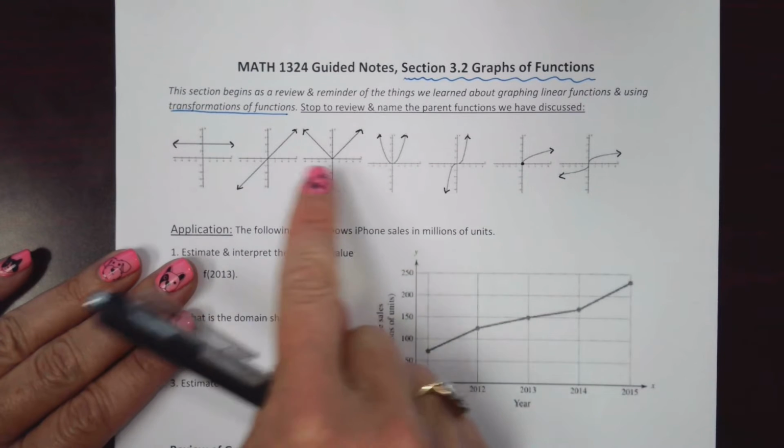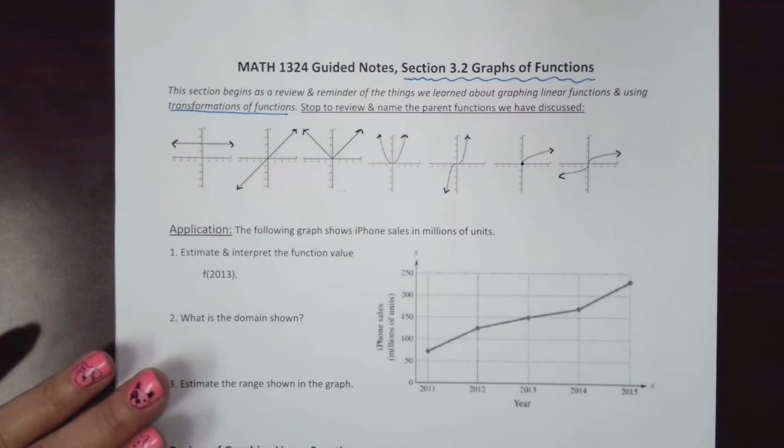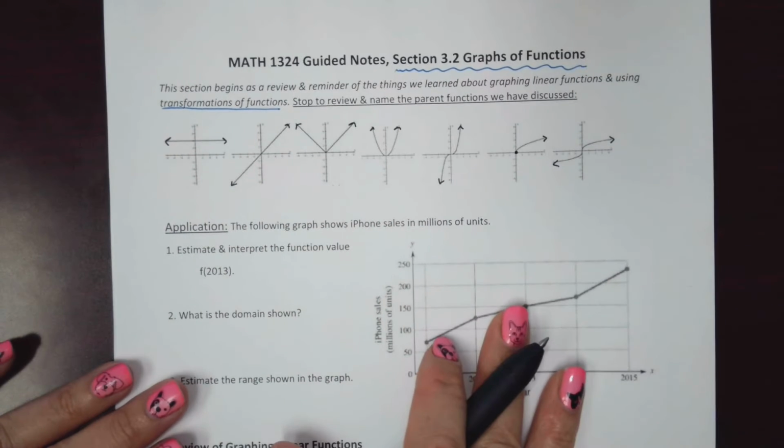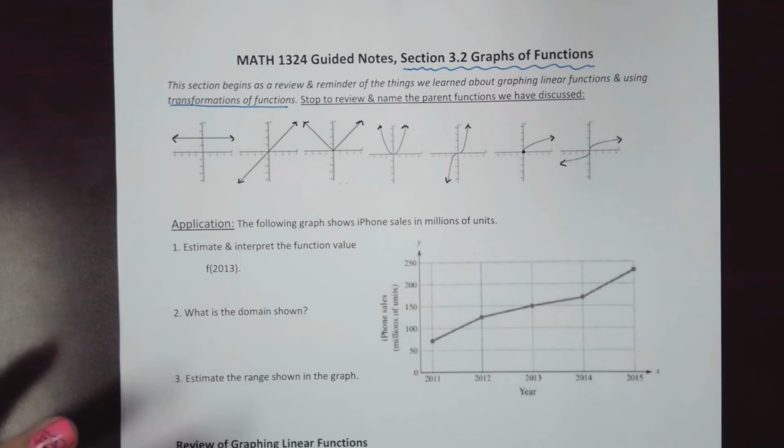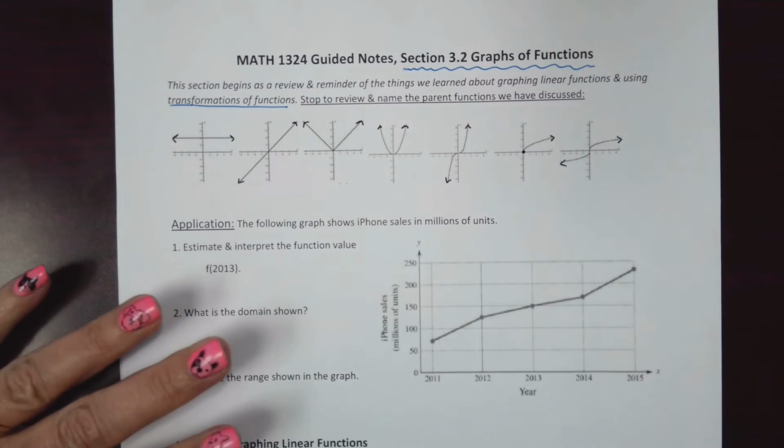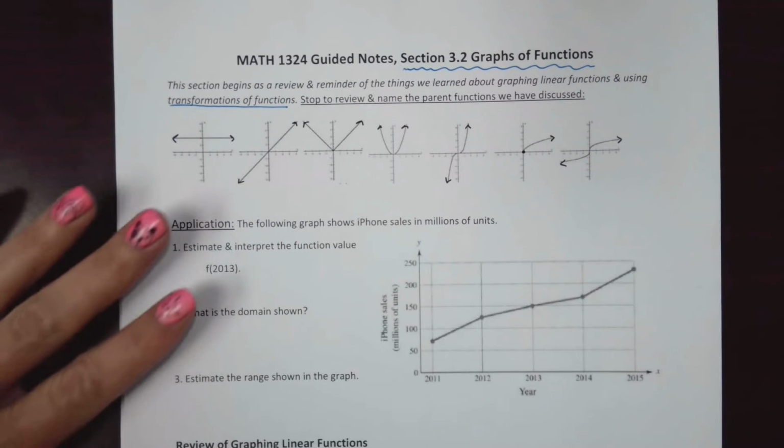These are 1, 2, 3, 4, 5, 6, 7 parent functions that we are focusing on as we're doing these polynomial functions. Pause the video, name each of these, and then come back to see how you did.